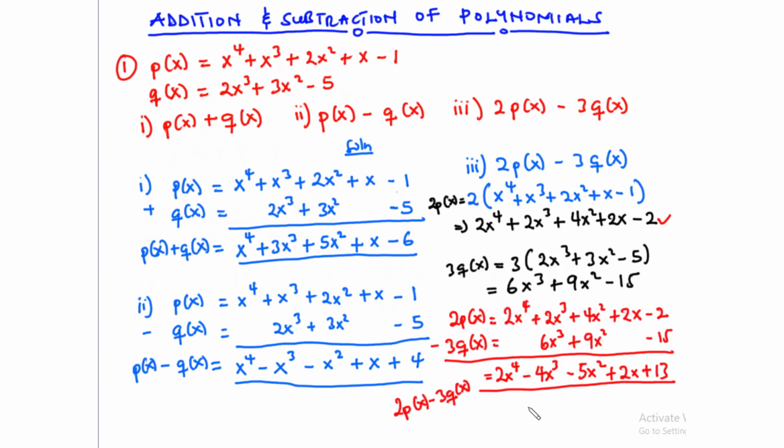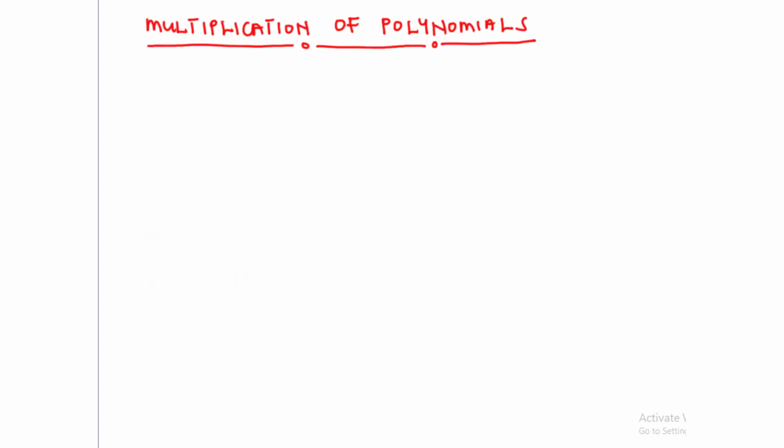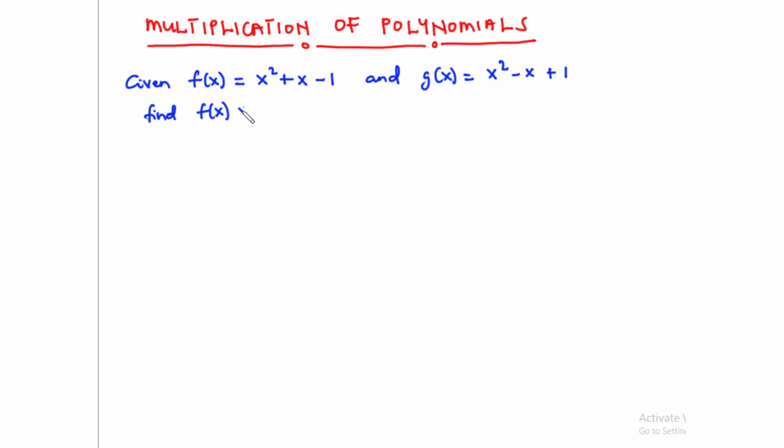Now let's move on to multiplication of polynomials. Given two polynomials, f of x equals x squared plus x minus 1 and g of x equals x squared minus x plus 1, we are going to find f of x times g of x.